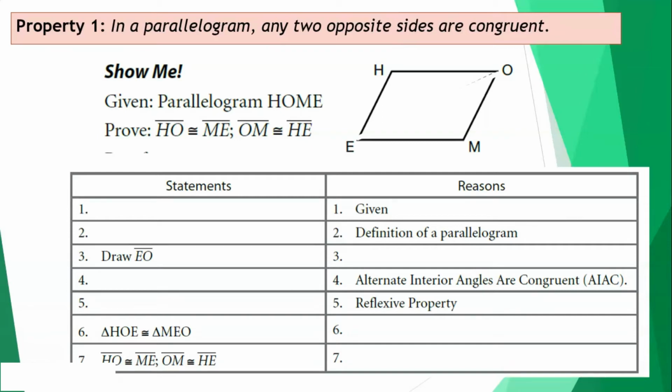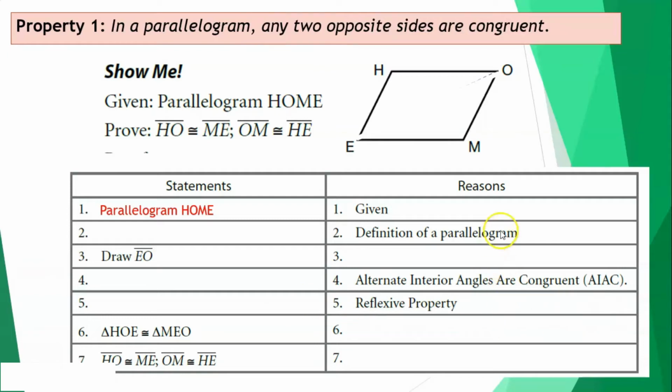But take note, you cannot fill it up if you don't know your theorems, your postulates, your definitions, and your properties. So take note of that. So in here, reason 1 is already given. So since we only have one given, that would be parallelogram HOME. So another thing, your previous statement most of the time is also connected to the second statement.